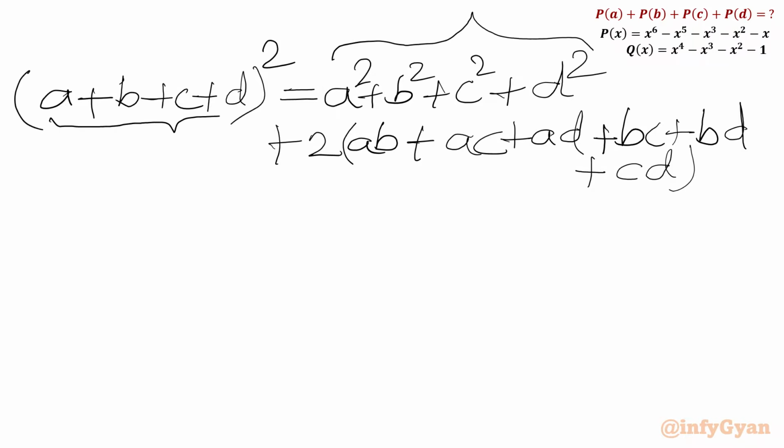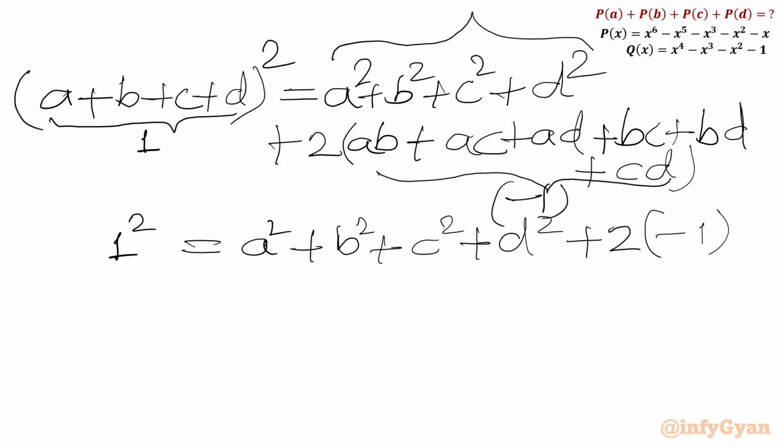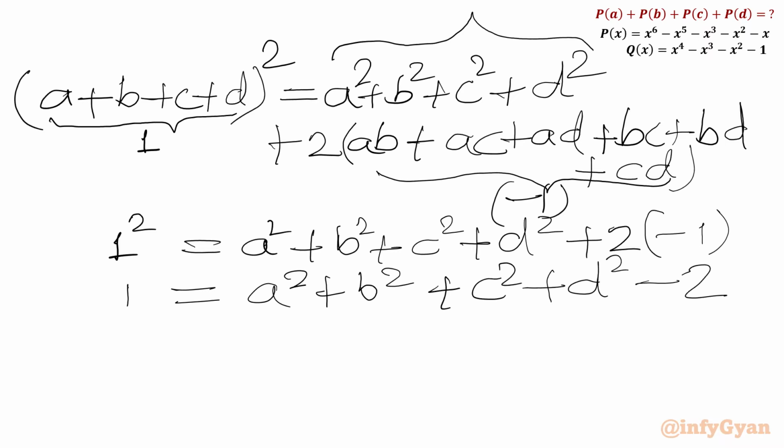Now our target is to find this. The left hand side will be 1 square, and in this bracket we will write minus 1. So 1 square is equal to a square plus b square plus c square plus d square plus 2 times minus 1. Or we can write 1 equal to a square plus b square plus c square plus d square minus 2.